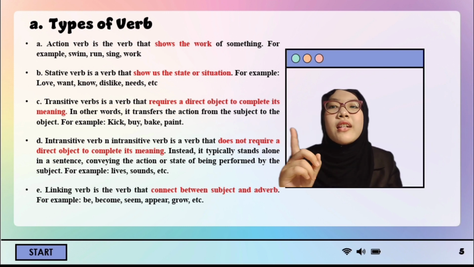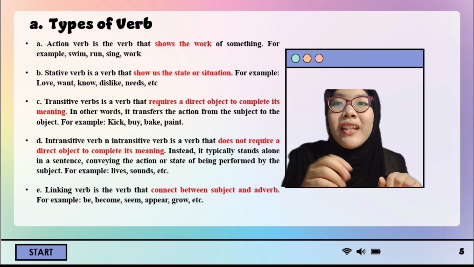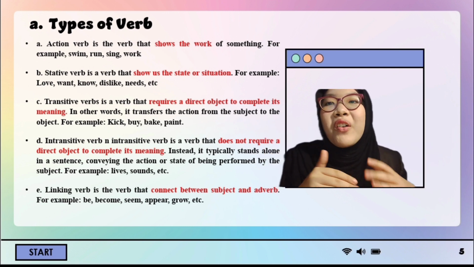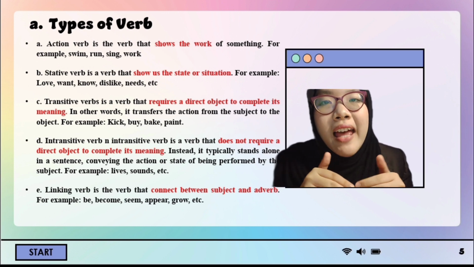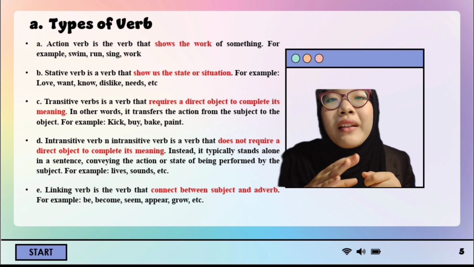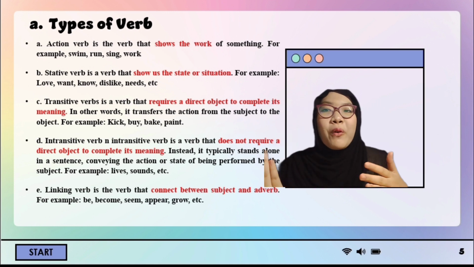So this is the transitive verb, and intransitive is just the opposite of it. That does not require a direct object to complete its meaning. Instead, it typically stands alone in a sentence, conveying the action or state of being performed by the subject.